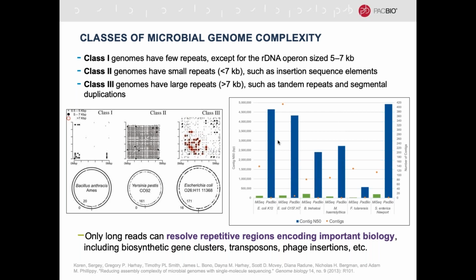You can see the contig N50s for the PacBio assemblies are much higher than those done with the MiSeq data, and additionally the number of contigs assembled with PacBio is much lower, approaching the number of chromosomes. So for the purposes of assembling these microbial genomes, it's really important to get these long reads that can span repetitive elements that would otherwise obfuscate the assembly.